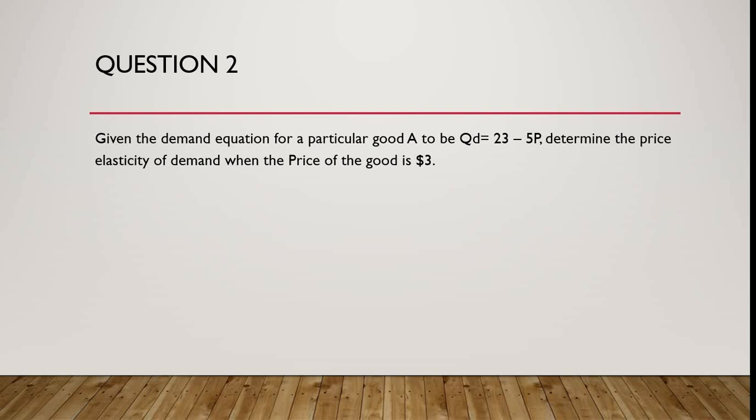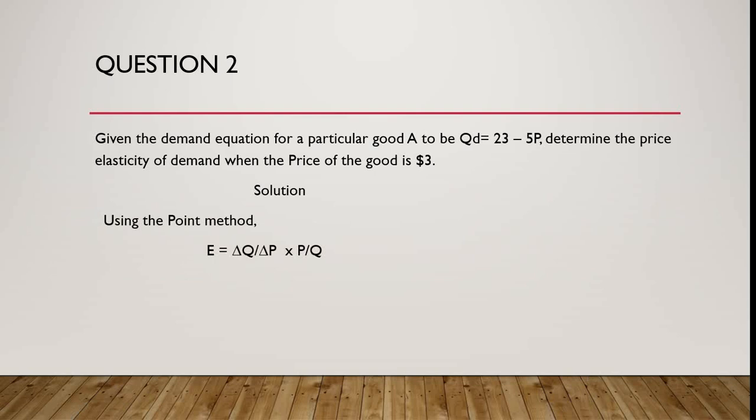And along that line, we get what you call the slope, and the slope represents something. So along that line, you get the elasticity at a particular point. In using the point method, we find the differential of the line. So Q is equal to 23 minus 5p.